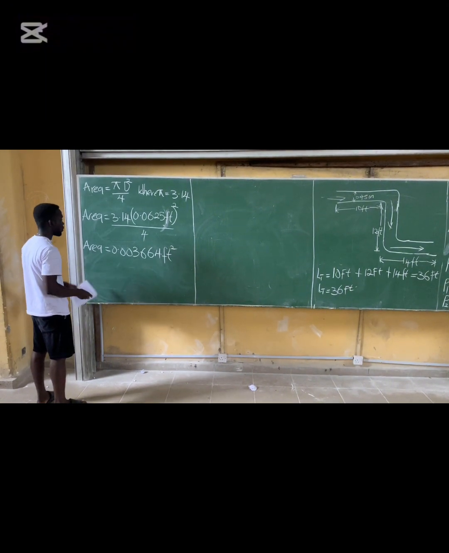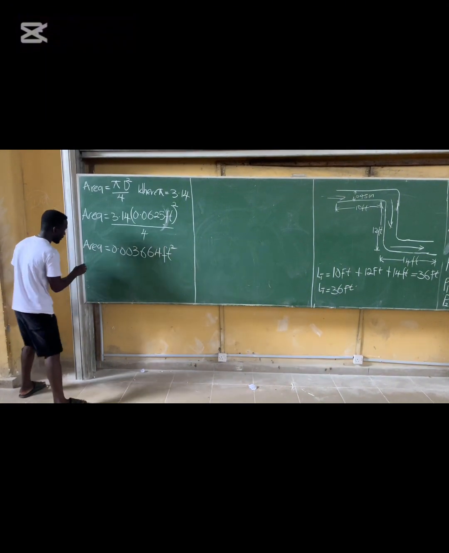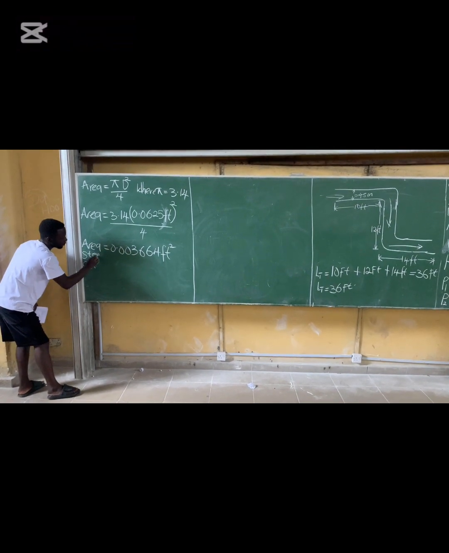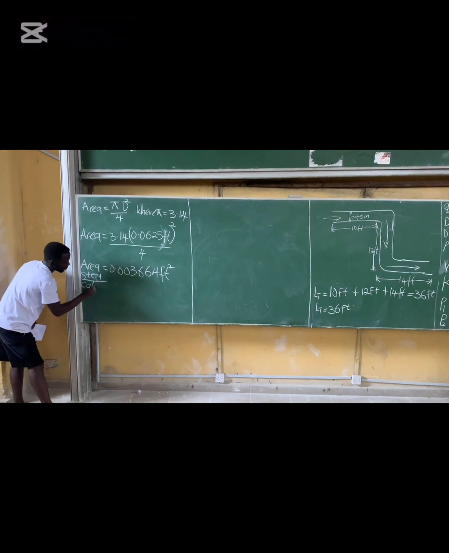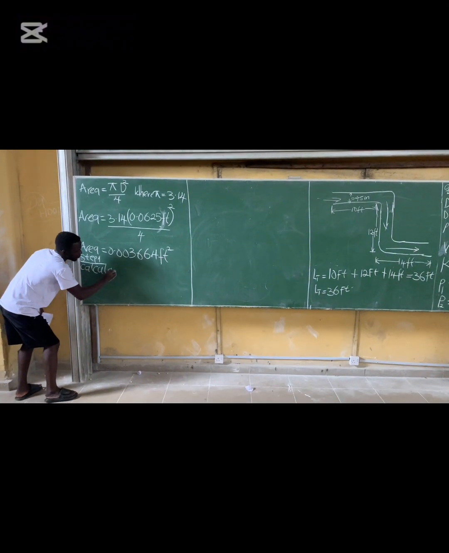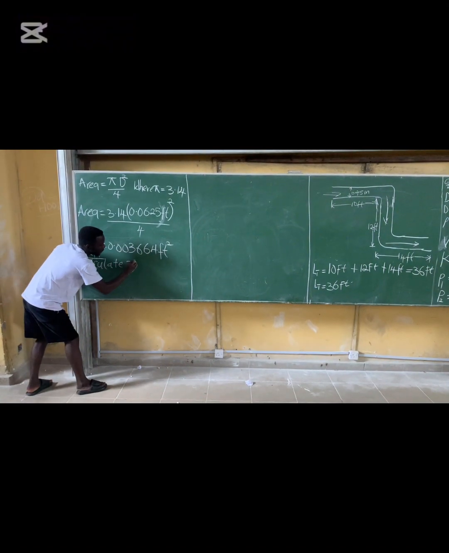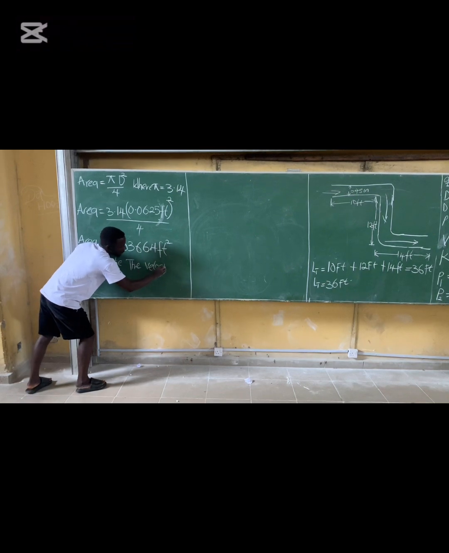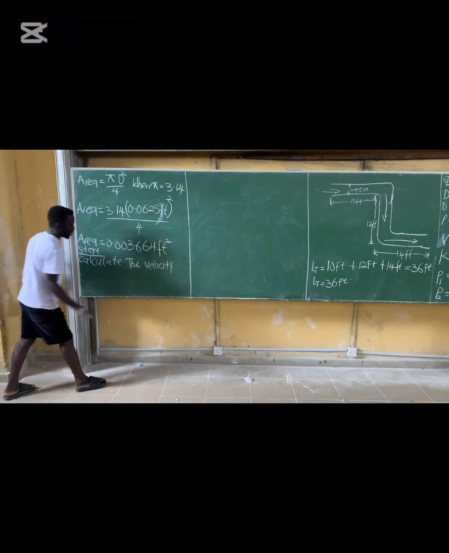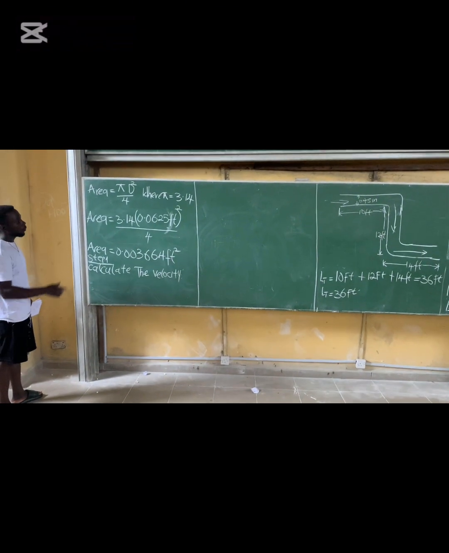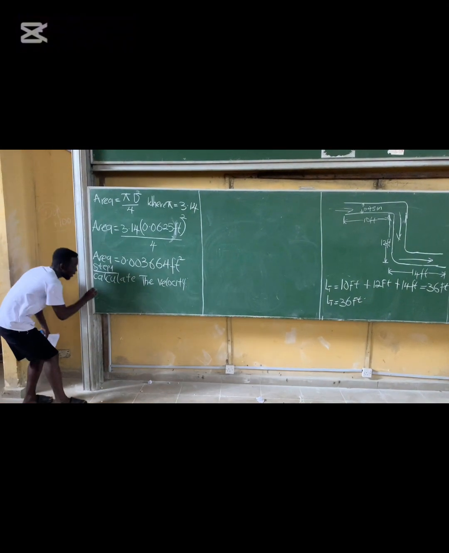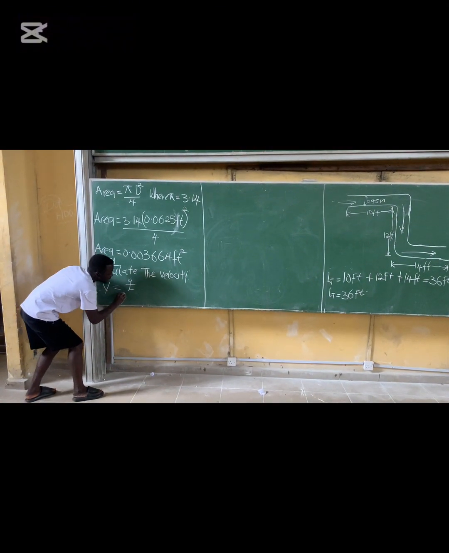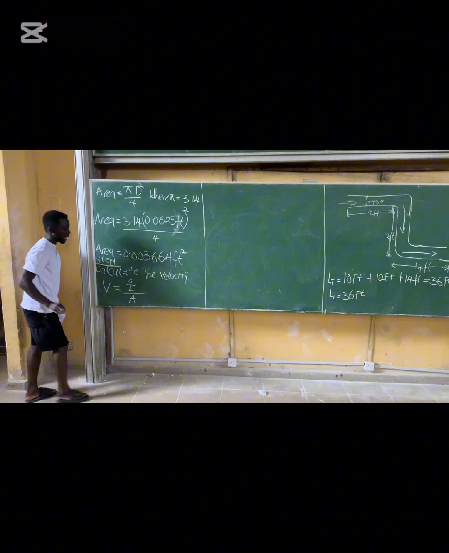Now let's dive into our calculation. First step, calculate the velocity. Now remember that in one of our classes we said that velocity V is equal to flow rate divided by area.